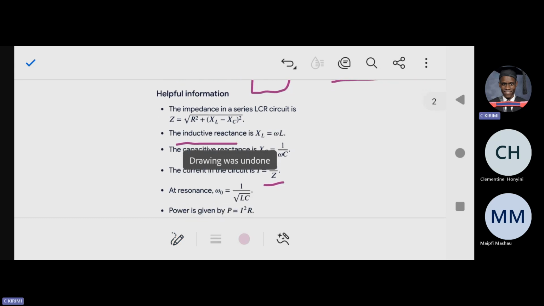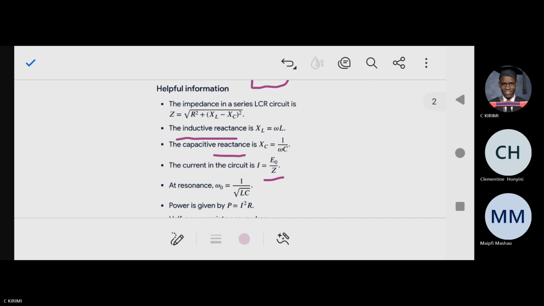The resonance omega naught, which is 1 over the square root of the inductance and the capacitance. So these are just formulas which are helpful when you are making your own formula sheet. All right.